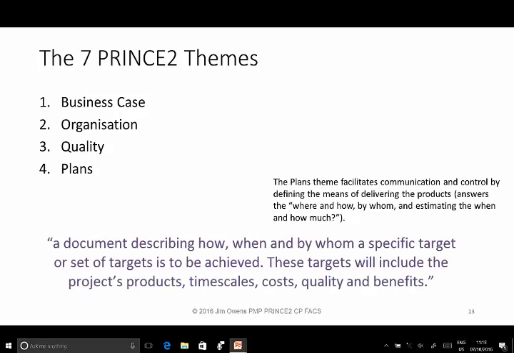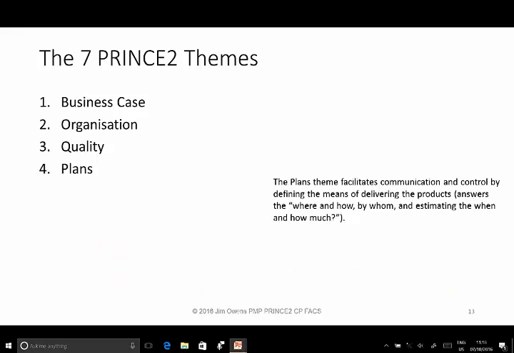PRINCE2 defines a plan as a document describing when and by whom a specific target or set of targets is to be achieved. These targets will include the project's products, timescales, costs, quality and benefits. Planning requires the team to focus on the future, and in a way it enables them to run through a simulation of the actual project in advance, so they can foresee many risks and issues and consider what quality measures and tailoring is required.